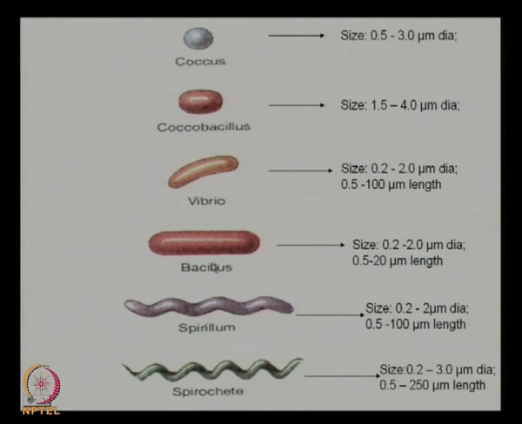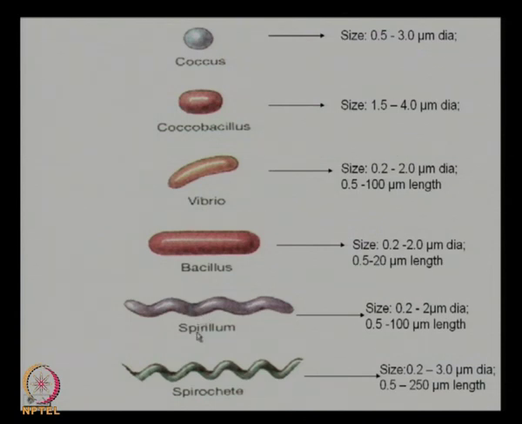In case of Bacillus, the size of this group of bacteria varies from 0.2 to 2 micrometer in diameter and 0.5 to 20 micrometer in length.